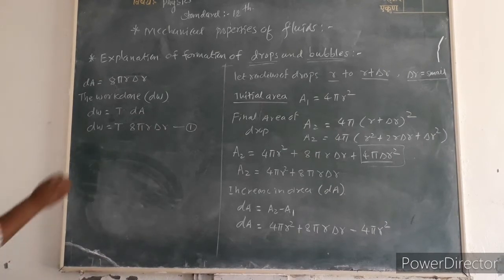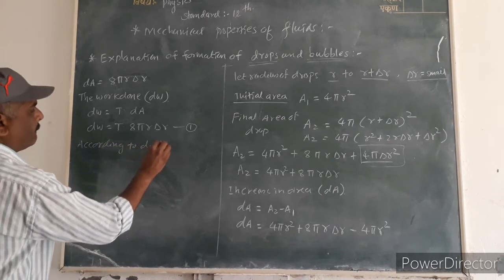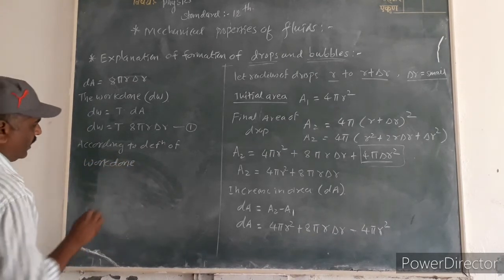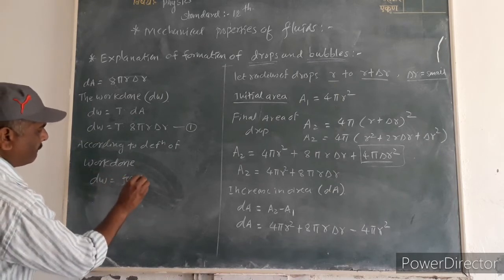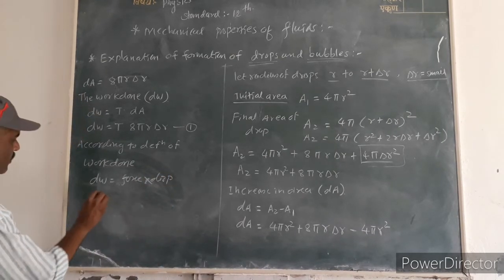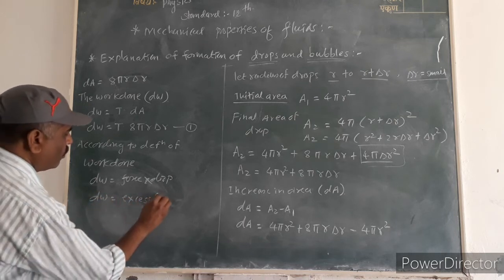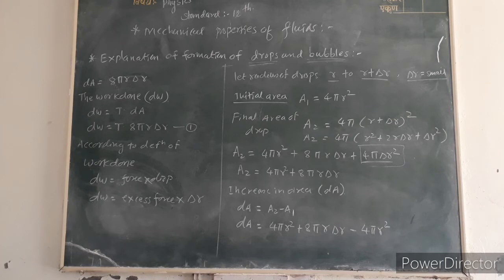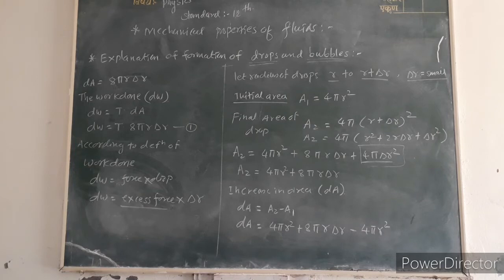Now, according to the definition of work done, dW is equal to force into displacement. But dW is equal to this excess force into displacement, which is delta R. Now we find out the excess force.